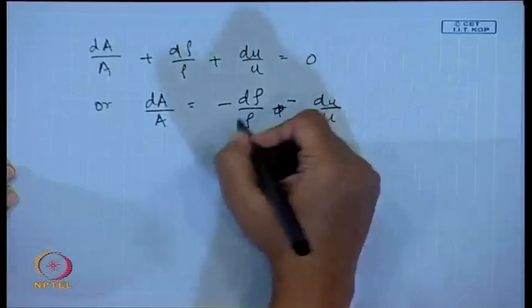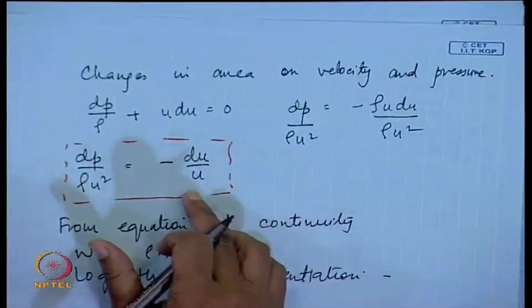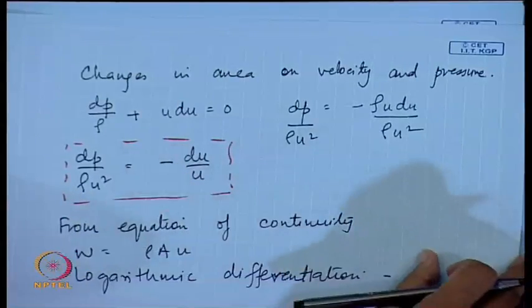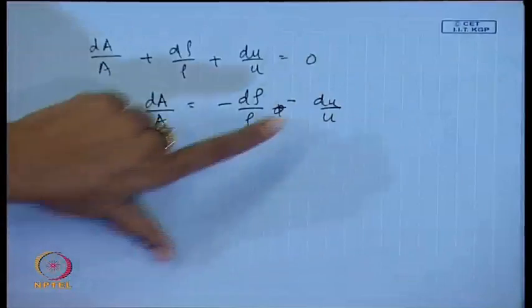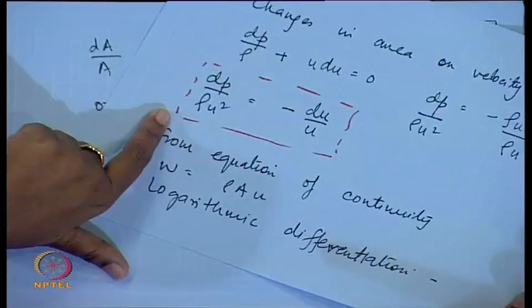Okay. Now, from here, we had obtained an expression for minus du by u. So, we can substitute this particular du by u with dp by rho u square, isn't it.